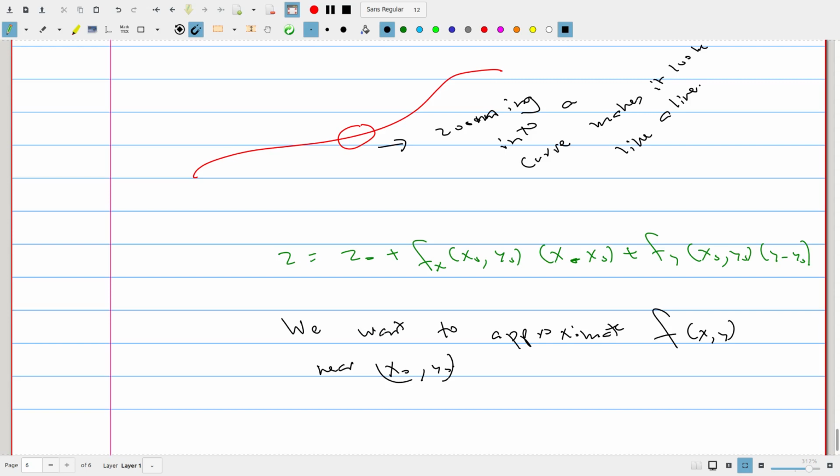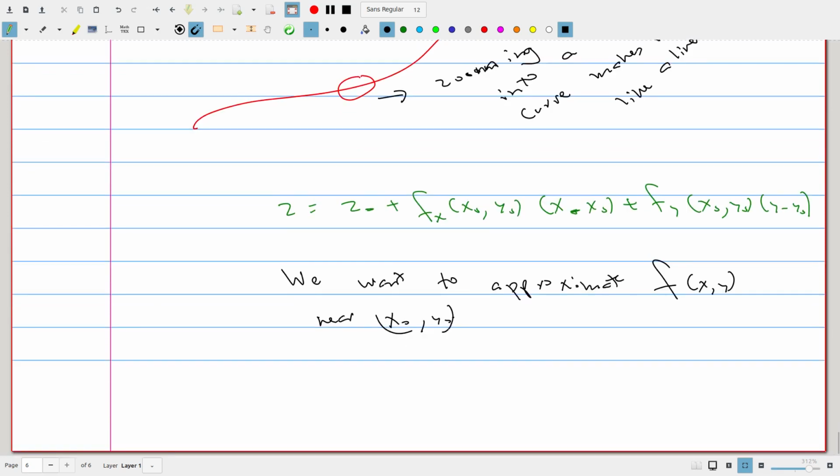We want to approximate this near x0, y0, and we're going to do this using the equation of the tangent. This tangent equation is going to provide me with a linear approximation, right? So near x0, y0, we will call the approximation L(x, y).